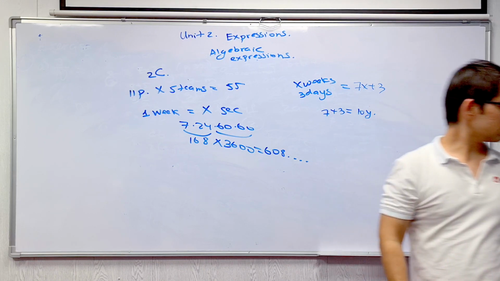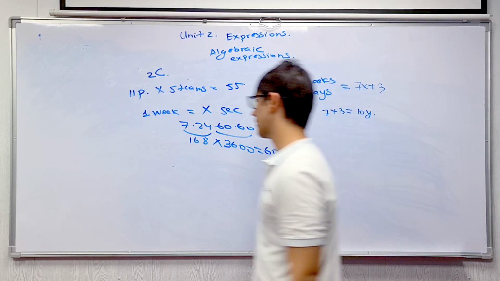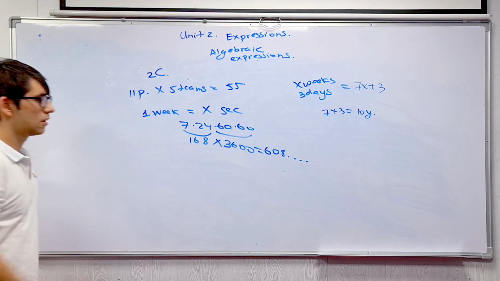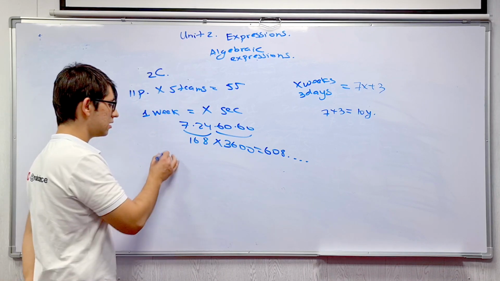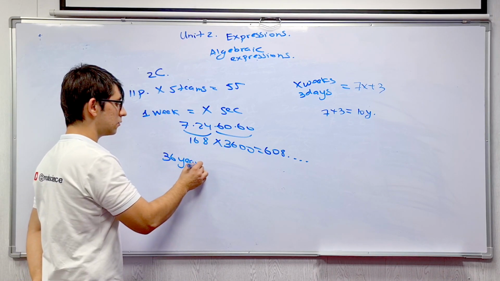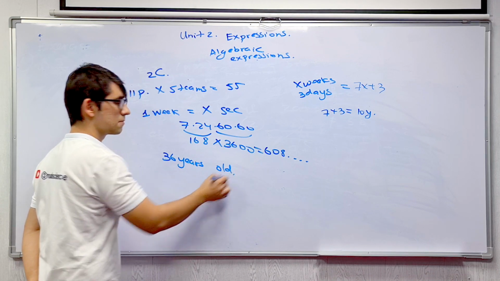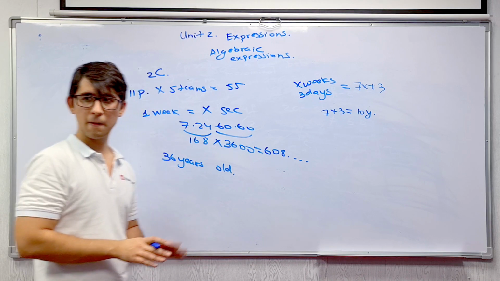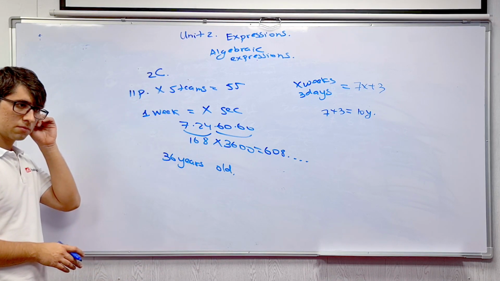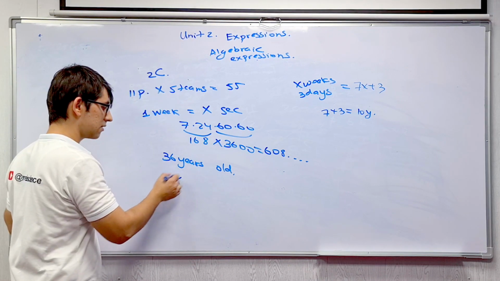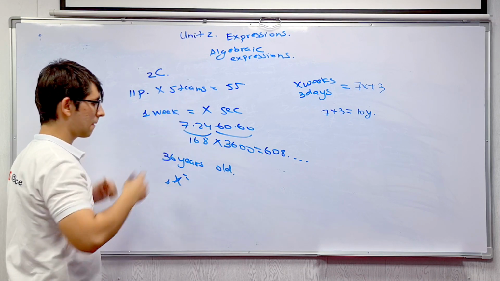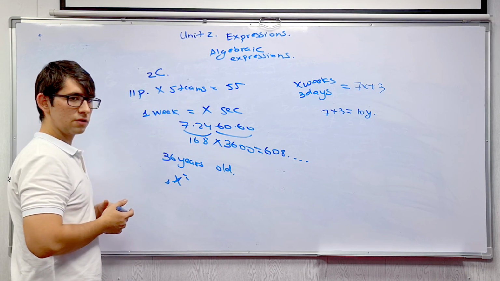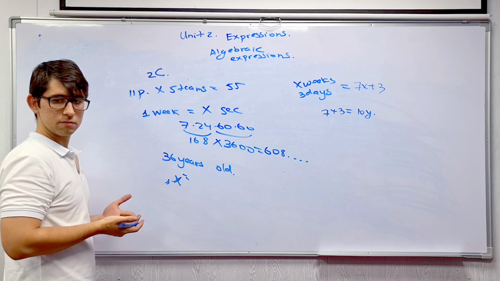One more question. The father's age is 36 years old. We don't know the son's age. But in the future, the father will be 3 times as old as his son.